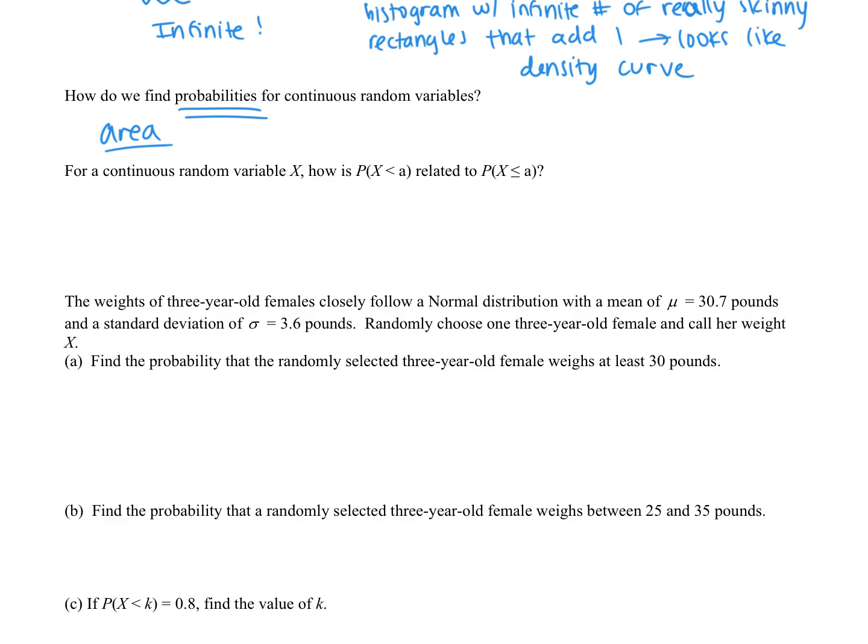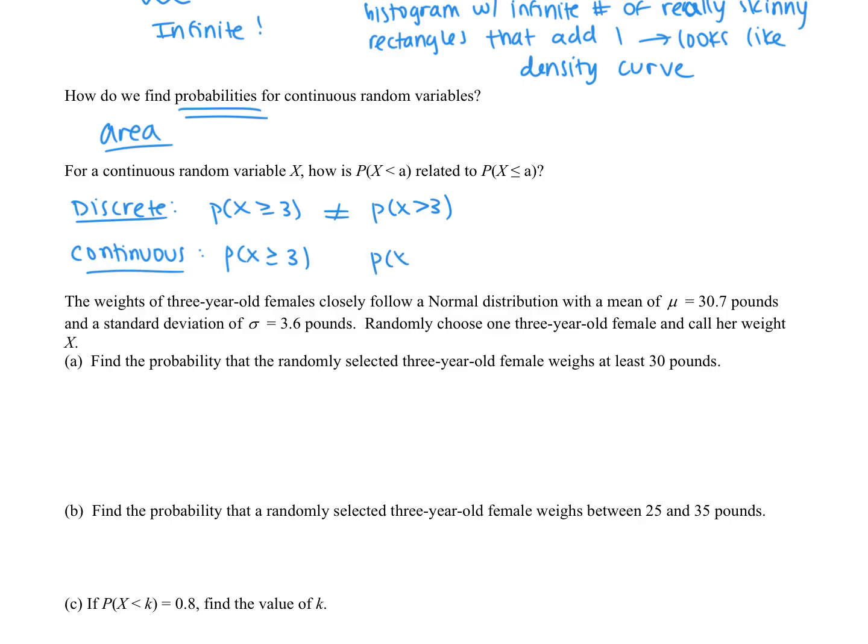Okay, for a discrete random variable, we said if you speak at least 3 languages, that is different than speaking more than 3 languages. If it's continuous, on the other hand, and we're looking at the probability that x is greater than or equal to 3 and the probability that x is just plain old greater than 3, we have to picture that we have a curve of some kind.